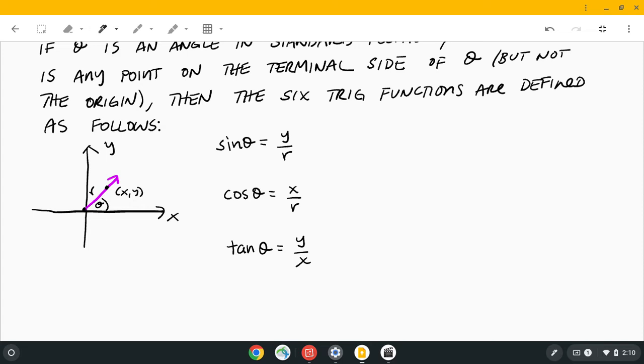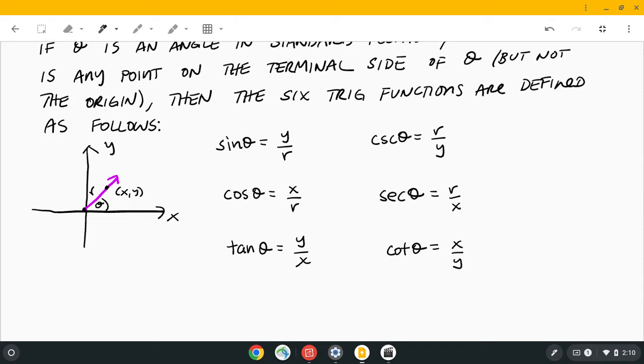All right, so we have three other ones. We have cosecant theta, which is r over y, secant theta, which is r over x, and we have cotangent theta, which is x over y.